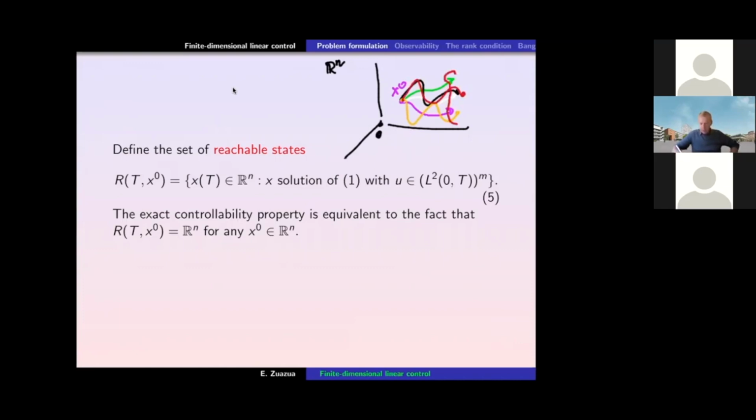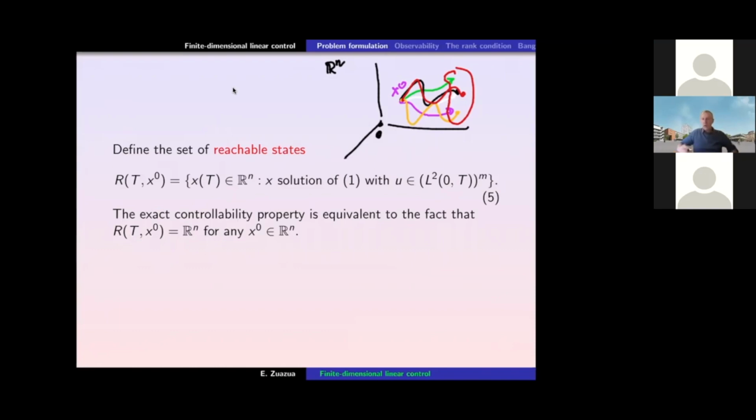Of course, when you are choosing the different controls, at time capital T, you will be visiting different final destinations. And the problem of controllability is precisely to be able to show that the set of all points you are able to visit is simply Rn, as indicated here.